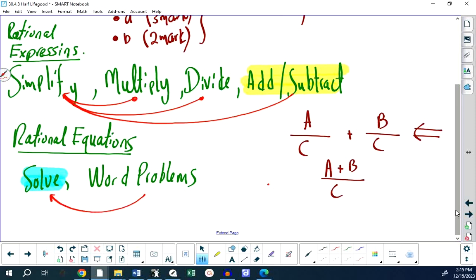Of all those word problems, whether it's shared tasks like painters, speed, distance, time problems, traveling upstream and downstream, a shared cost for a field trip among students, a connection between integers that's given to you in words, those are all things that once you turn it into an equation, then you're solving it.